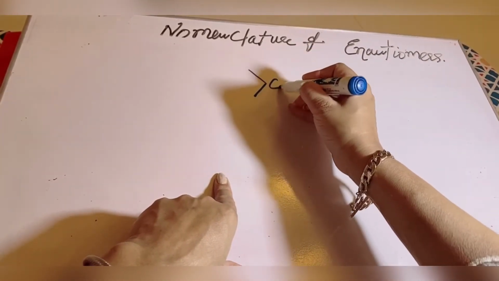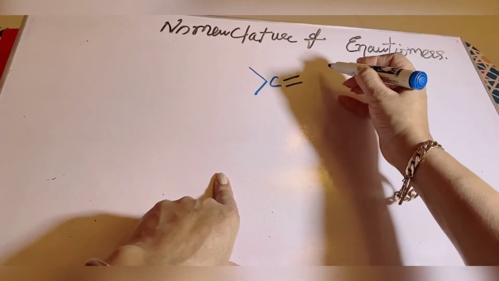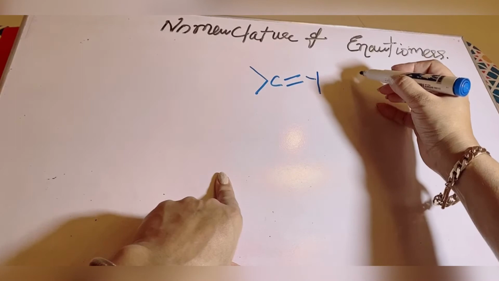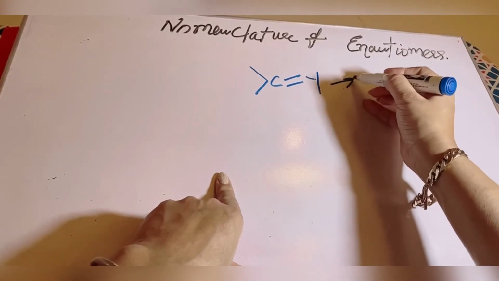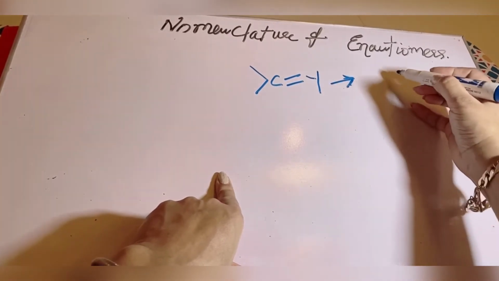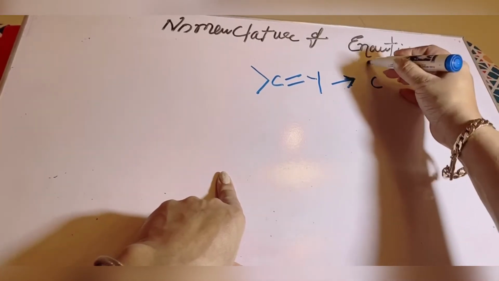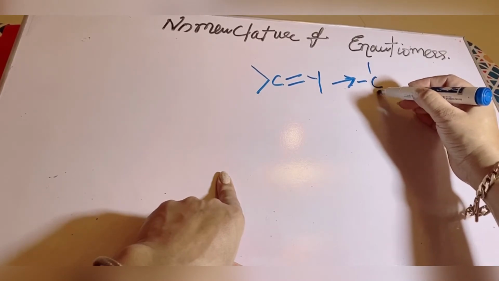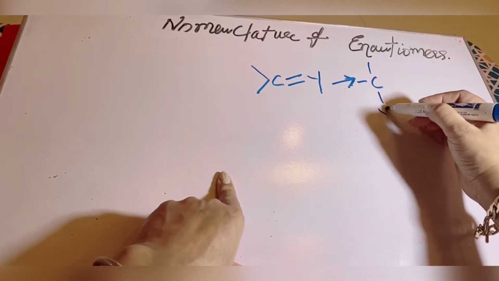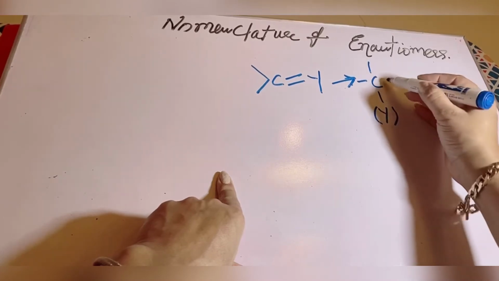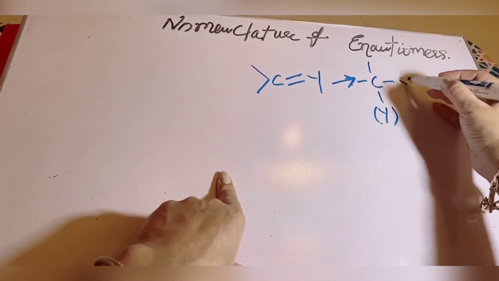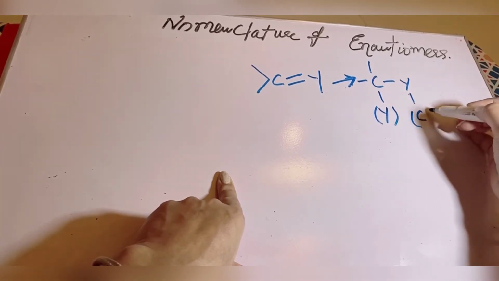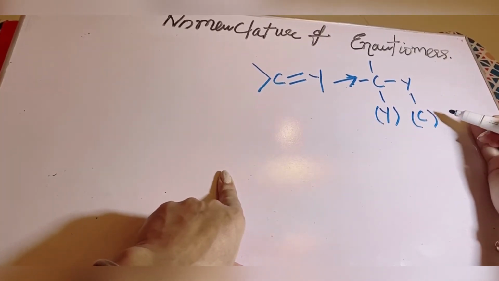You can see C double bond Y. If this is the case, for example, you're going to duplicate it: Y, and then of course C. This is how you will duplicate it.